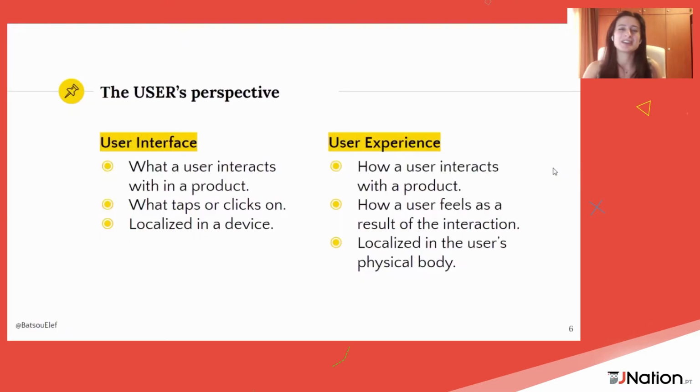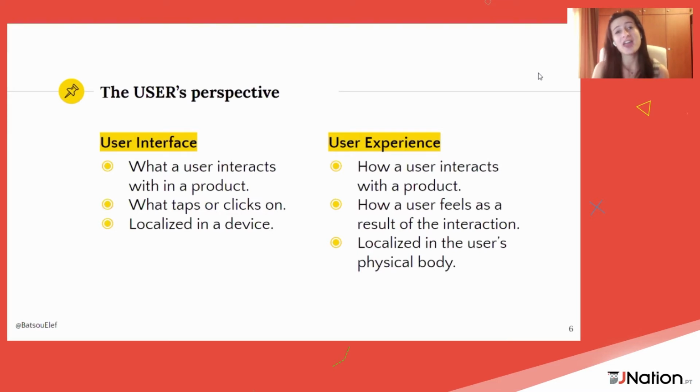Let's start. We will start from the user's perspective just because I think it's a little bit easier to understand, but then we will continue also to the designer's perspective. So, as a user, an interface is what the user interacts with in a product, what they tap or click on, and it's always localized in a device.